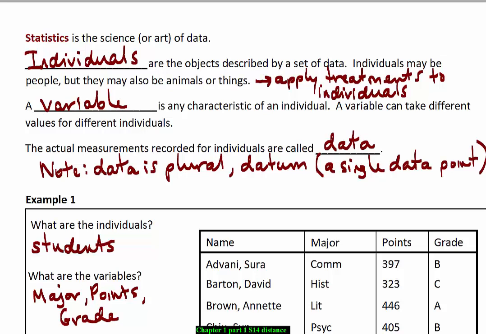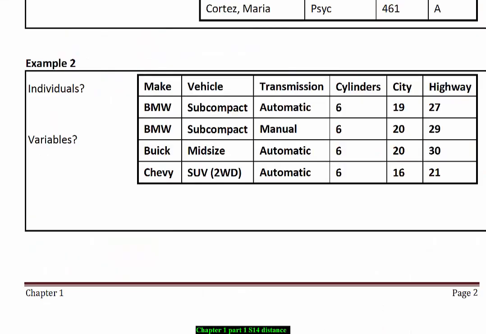Example 2, we've got another table with some data in it. We've got the make, type of vehicle, type of transmission, number of cylinders, city miles per gallon, and highway miles per gallon. So what are the individuals here? What are we making our observations on?